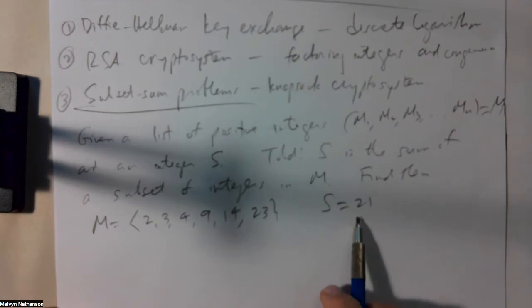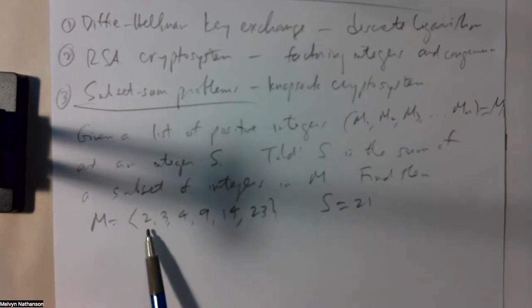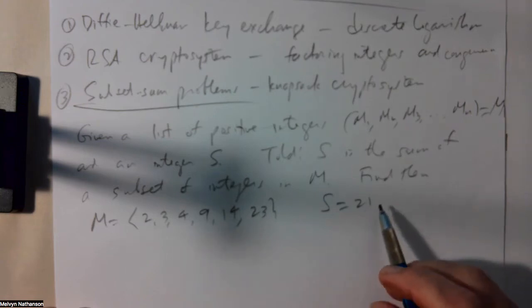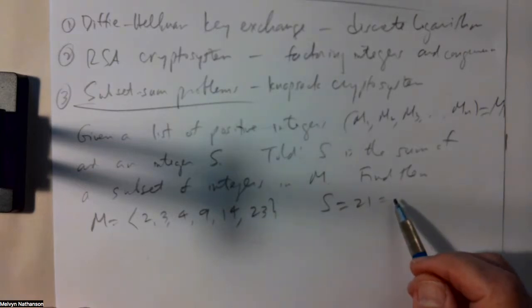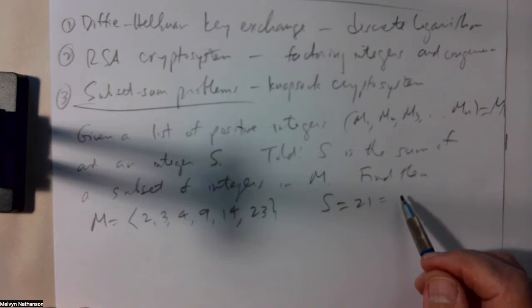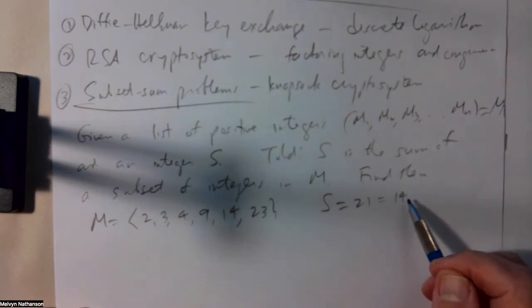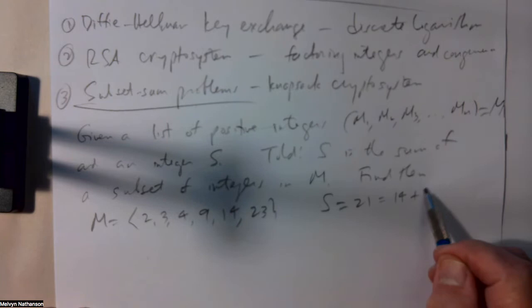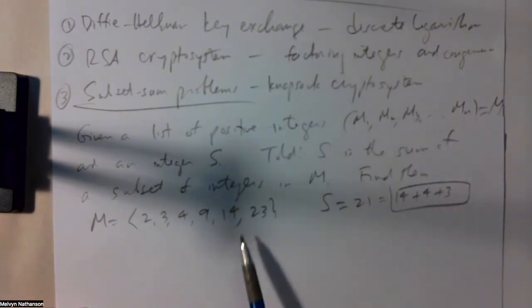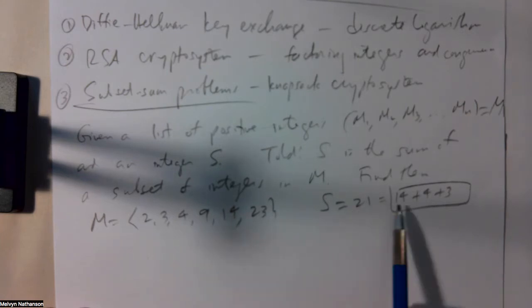So we're told 21 is a sum of a subset of these integers. Find the subset. And I think if you check, 21 is 14 plus 4 plus 3. So the problem is find the subset of M that adds up to 21, and it consists of the numbers 3, 4, and 14.